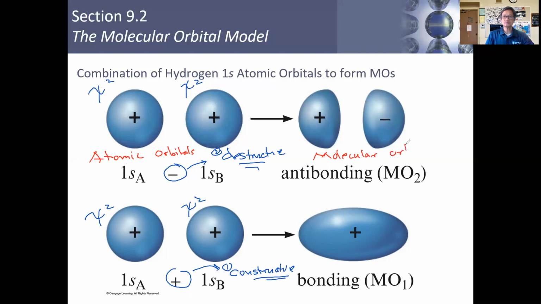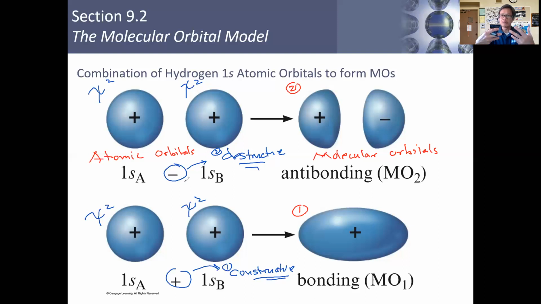There are two molecular orbitals that form. You have a molecular orbital that forms as a result of constructive interference between these two waves, and a molecular orbital that forms as a result of destructive interference between the same two atomic orbitals.